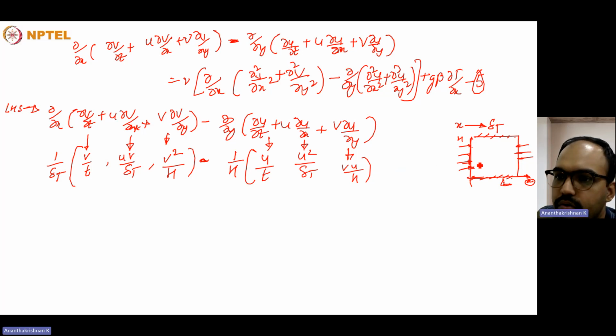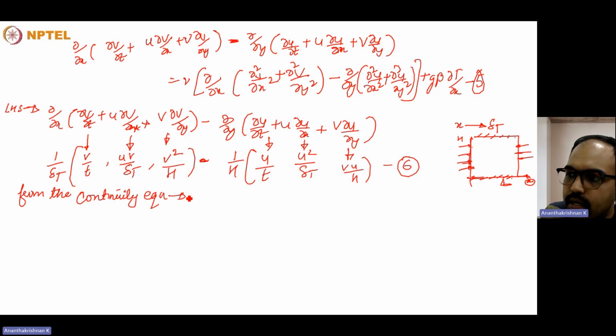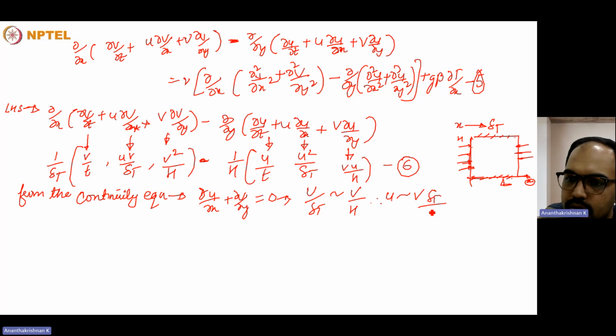From the continuity equation, we can write dou u by dou x plus dou v by dou y equal to 0. So it can be scaled as u by delta T is of the order of v by H. Therefore, u is of the order of v delta T divided by H.